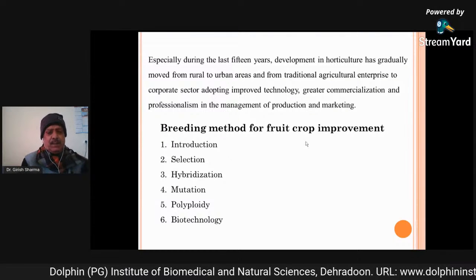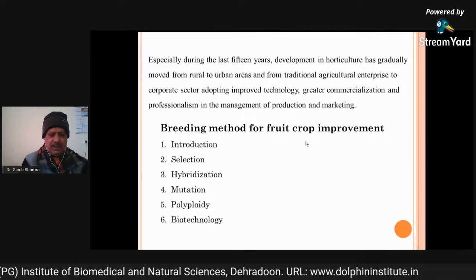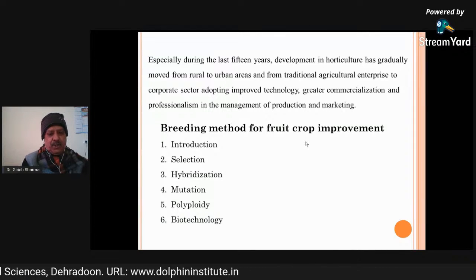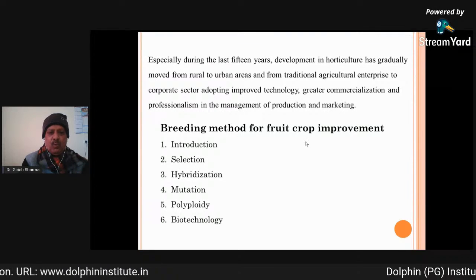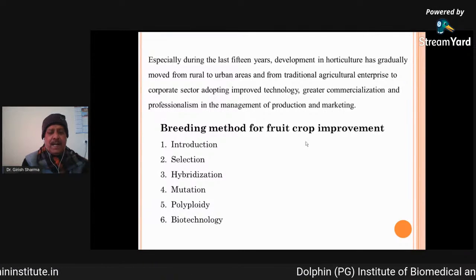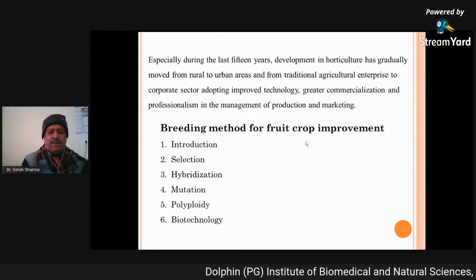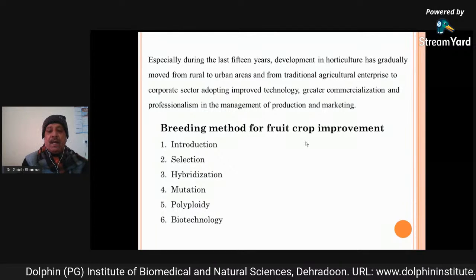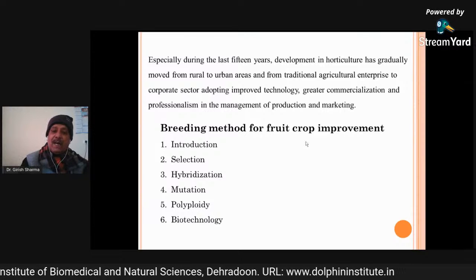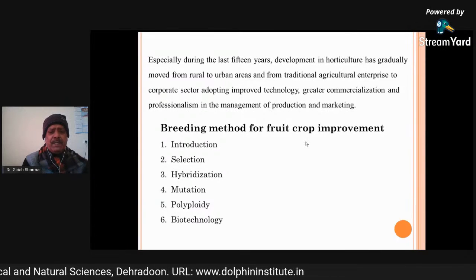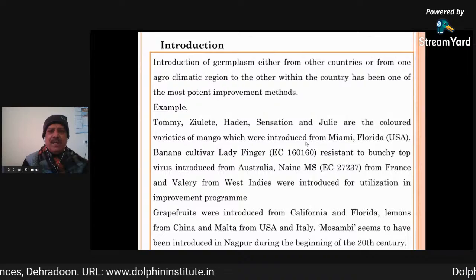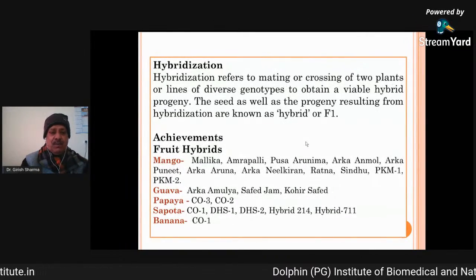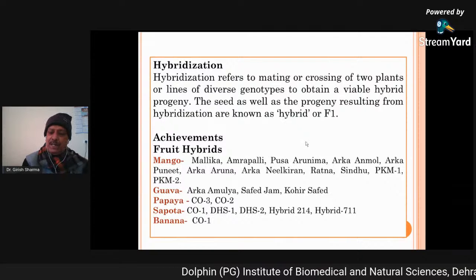These five methods were practiced over several thousands of years by human beings when he was nomadic, and now, with the development of science and in recent times biotechnological techniques, development is promoted in a very fast manner, with changes which otherwise were not available.